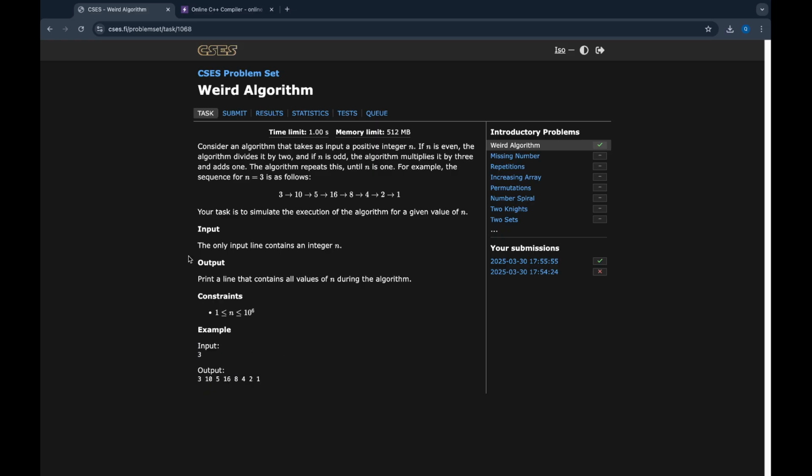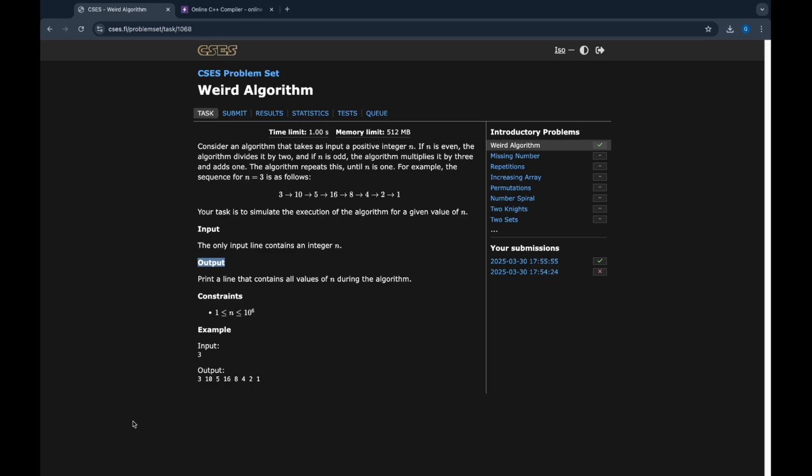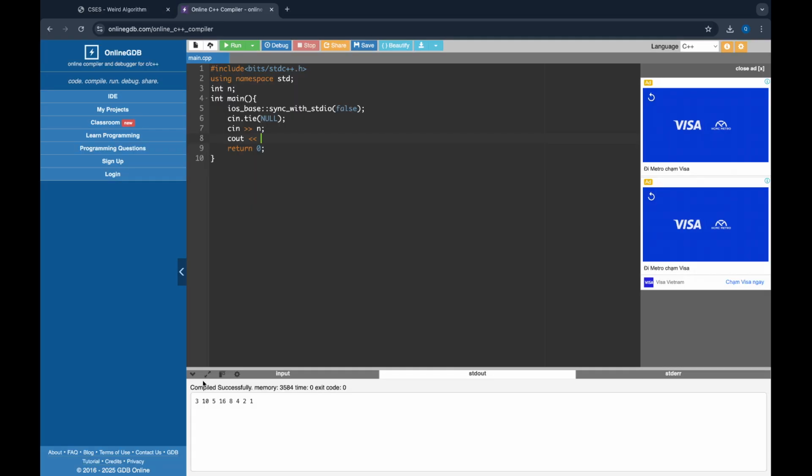So the input n is an integer, so I'm gonna use int n. Here I will input it, because we have to output the initial number, so I have to cout the initial n here with a blank space.